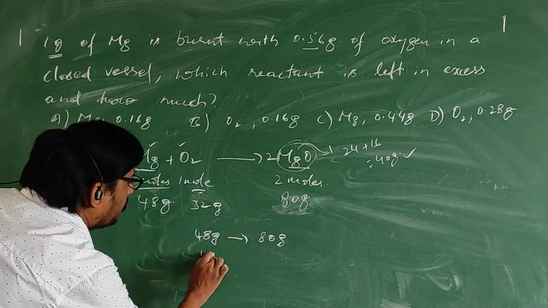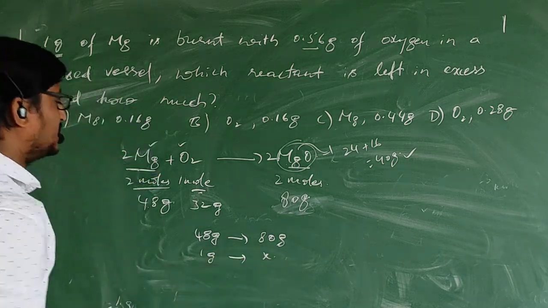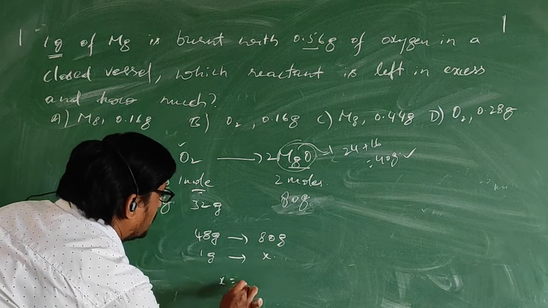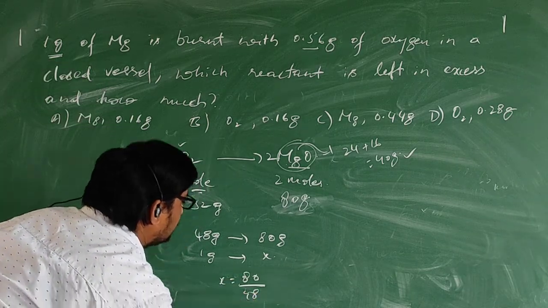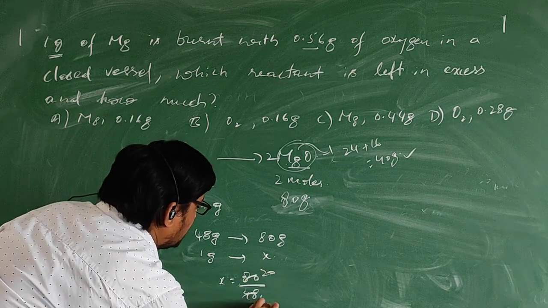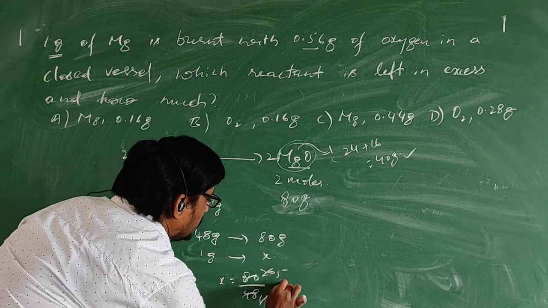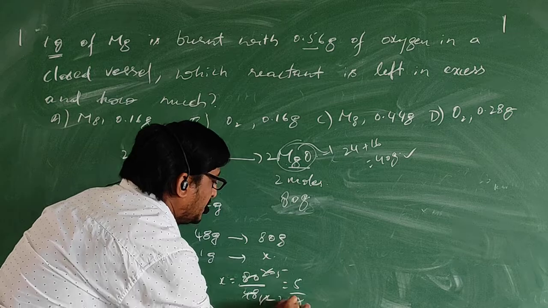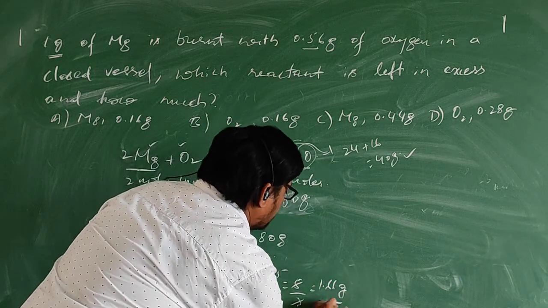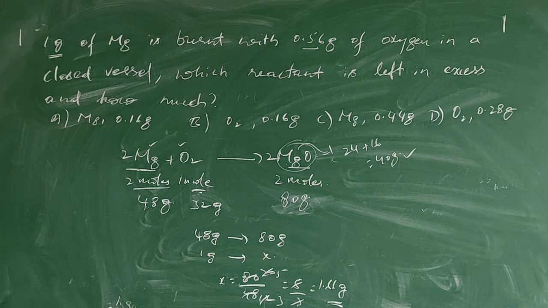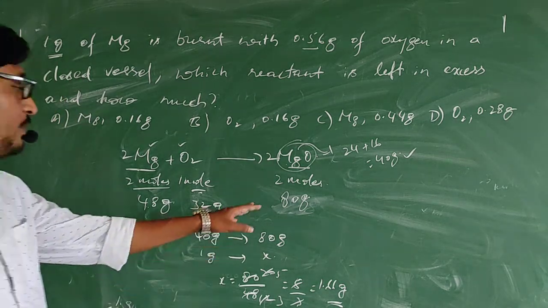Then 1 gram of magnesium will form, let us think these are X. X will be equal to 80 by 48 only now. Is that right? Which is nothing but 5 by 3, which is nothing but 1.66 grams. So 1 gram of magnesium can form 1.66 grams of magnesium oxide.